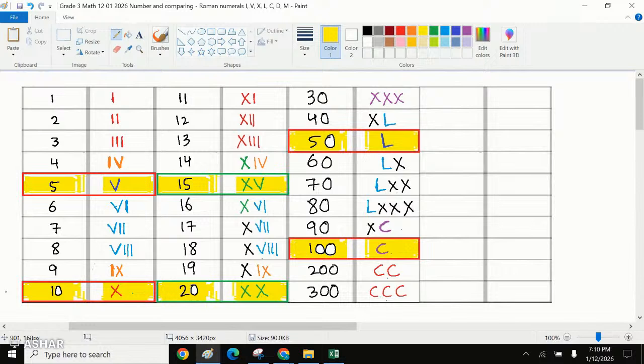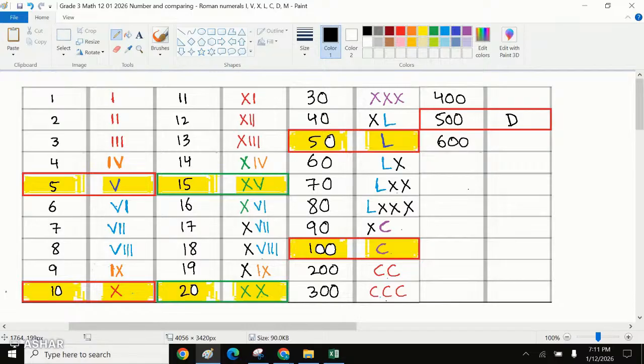We'll also look at 1000, okay? D and M. So can we say we have 400 and we have 500? At 500, the alphabet will change. 500 is known as character D. So let's suppose we write 500 and 600. Can I say that 400 is 100 less than 500, right?